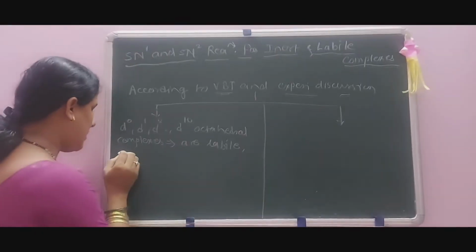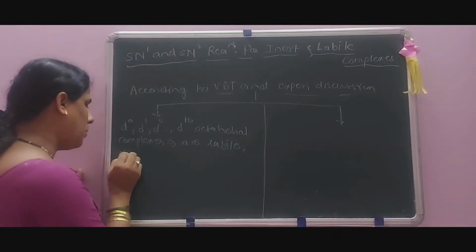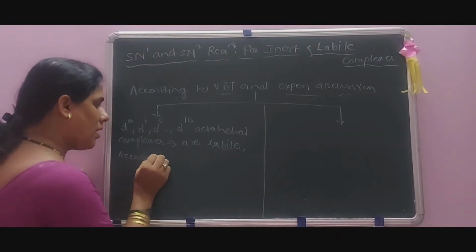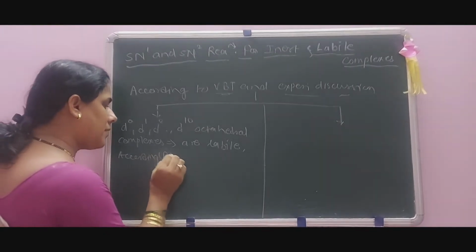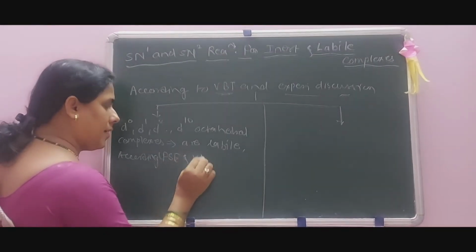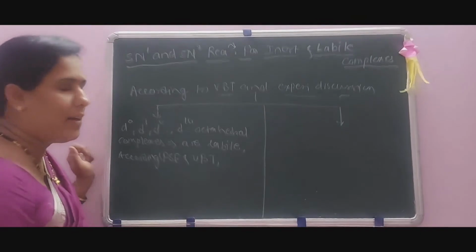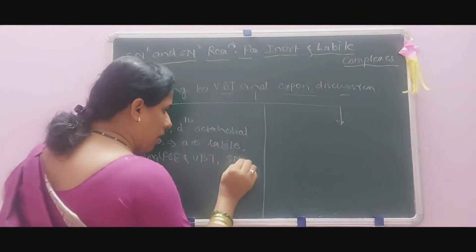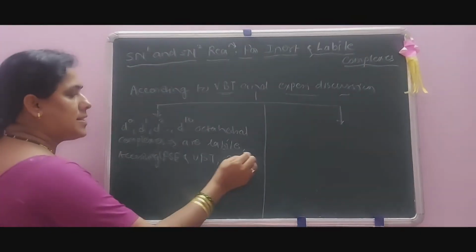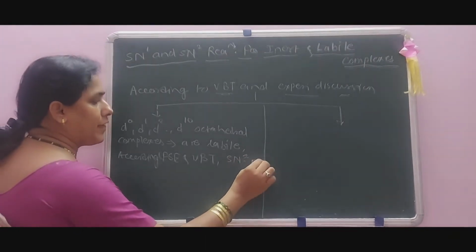They follow, according to CFSE and VBT, the SN2 path.